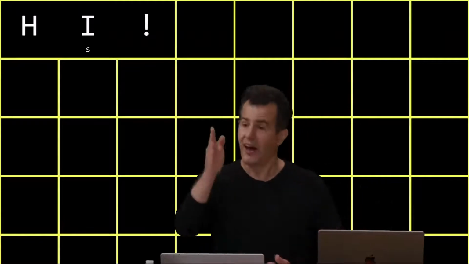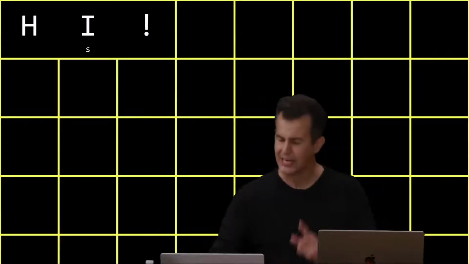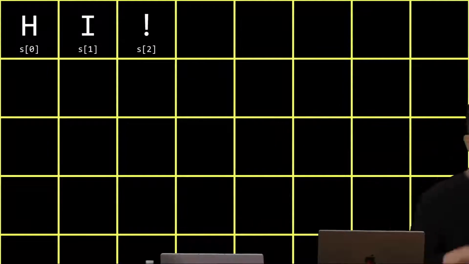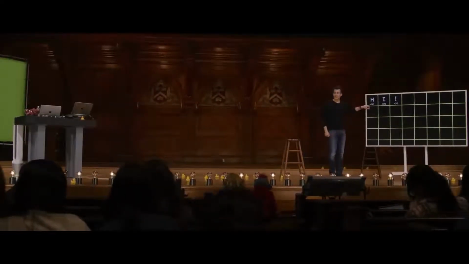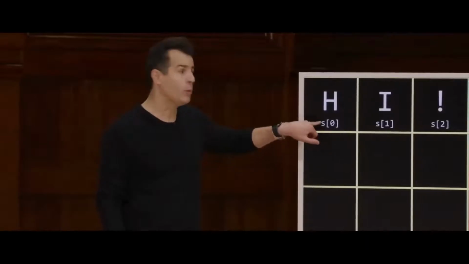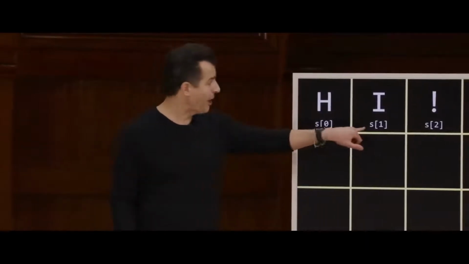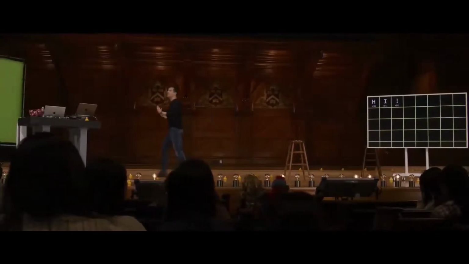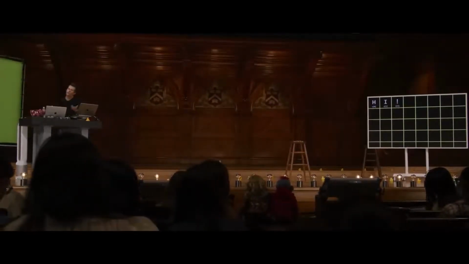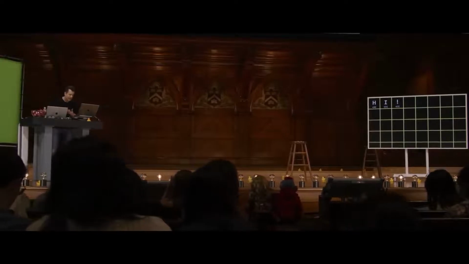But a string is just an array of characters, hi exclamation point, for instance. So technically, a string called s is really a variable called s that allows you to get at the first character with s bracket 0 if you want. S bracket 1, s bracket 2. You can literally get individual characters just by treating s as though it's an array, which it really is underneath the hood in this case.